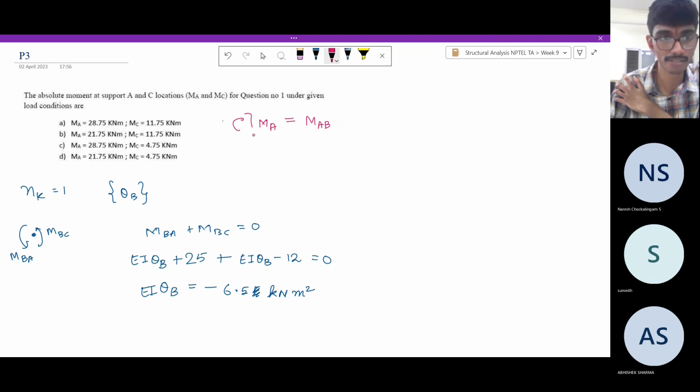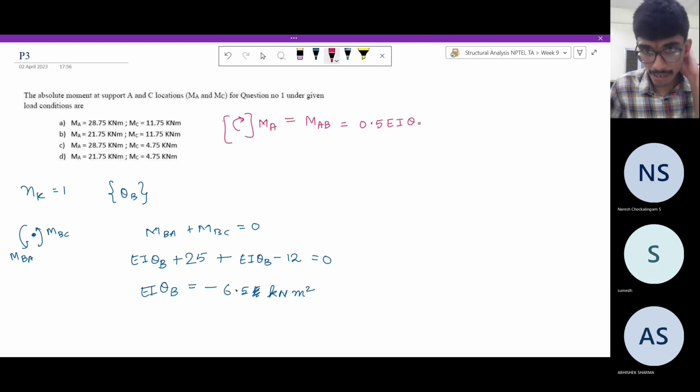Assuming clockwise is positive, the clockwise moment MA is nothing but MAB. It is 0.5 EI theta B plus the fixed end reaction, which was minus WL square by 20.